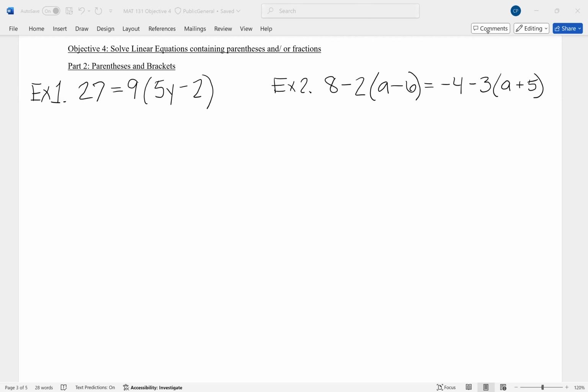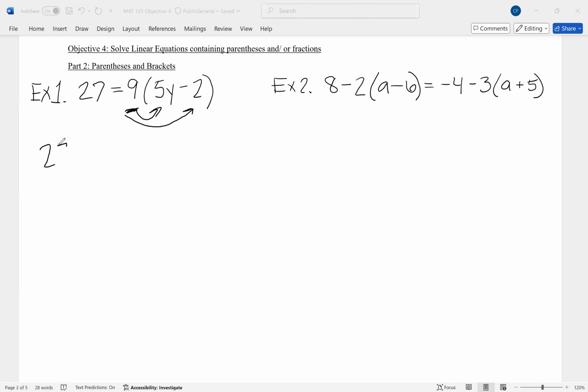Now for part 2, we're going to look at parentheses, and I added brackets as well. So for example 1, we have 27 equals 9 times 5y minus 2. So whenever we have a situation like this where that number is outside of that parenthesis group, okay, we're going to have to distribute, meaning we're going to have to multiply that number by everything in that parenthesis group behind it.